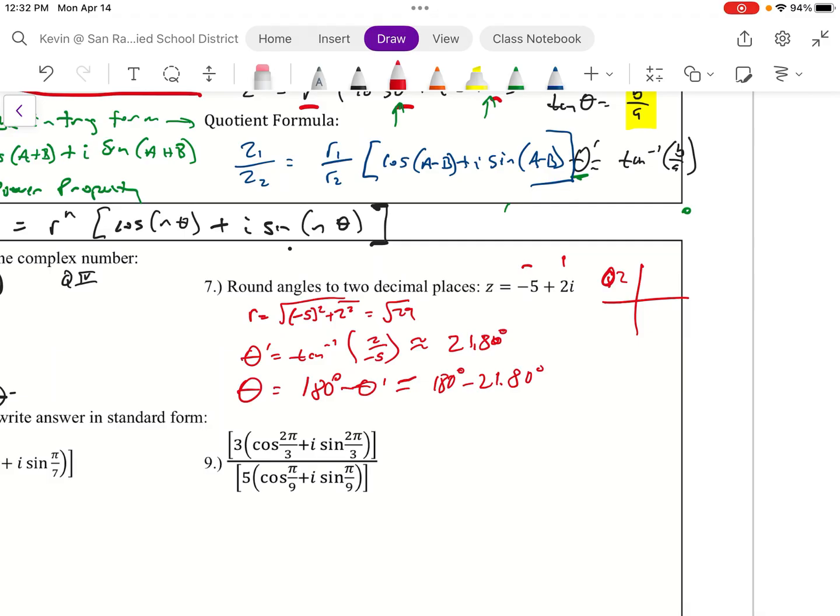So this equals 180 degrees minus 21.80 degrees.